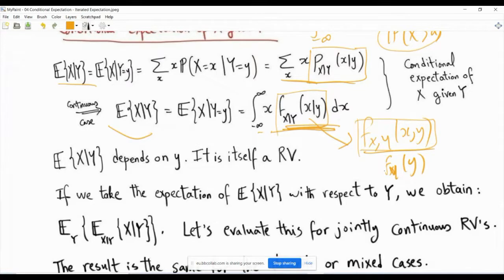Now the conditional expectation of X given Y is something that depends on Y. So you conditionally say, okay, what is the conditional expectation of X given that big Y is equal to 17? Or the conditional expectation of X given that big Y is equal to 11. Your result will vary depending on the value of big Y you are conditioning on.